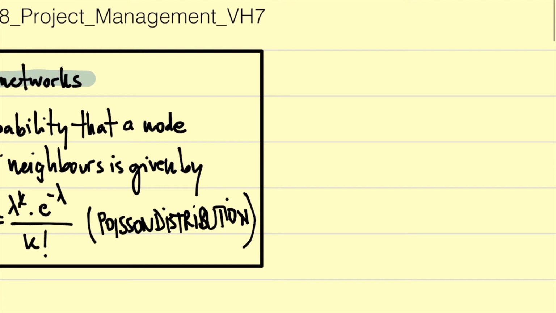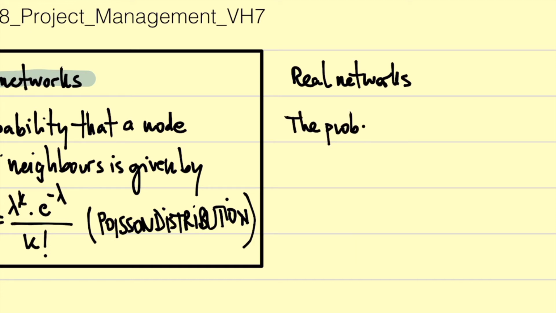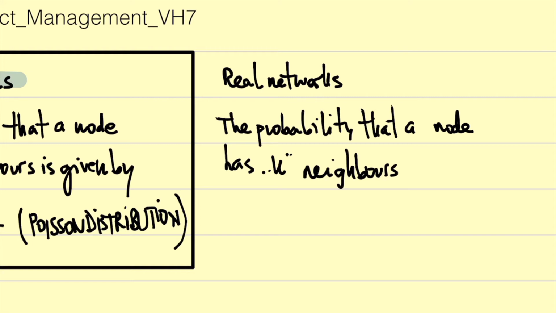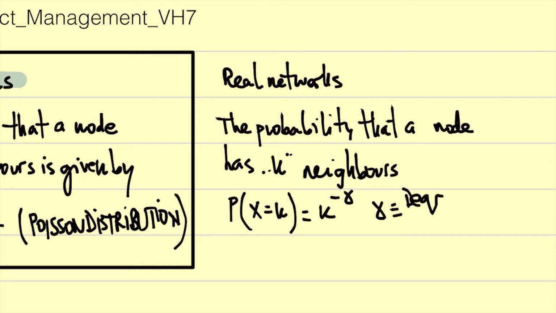Whereas for real networks, the probability that a node has k neighbors is given by k to the power of gamma, where gamma means the degree exponent.